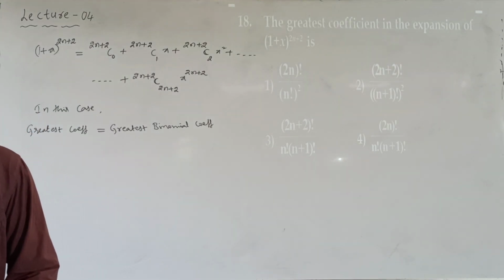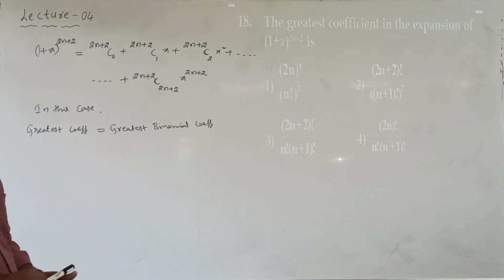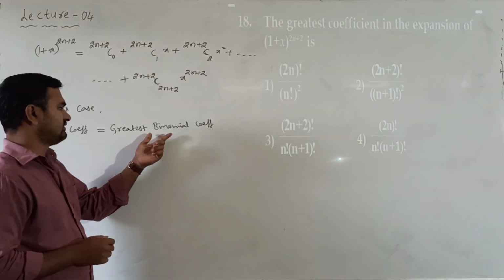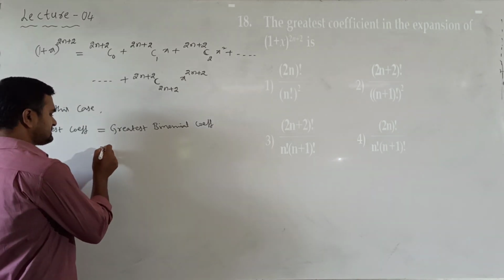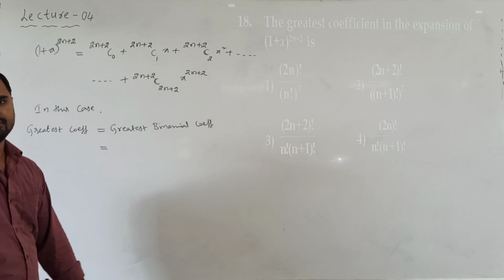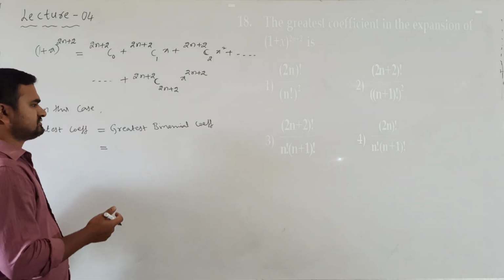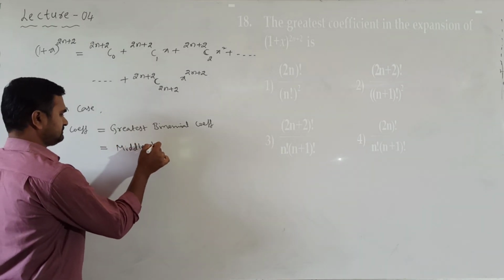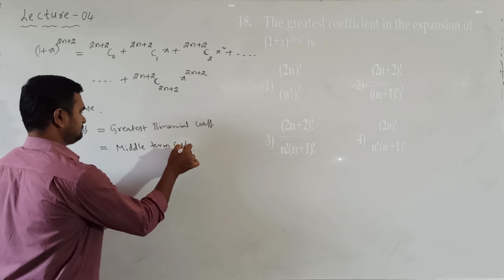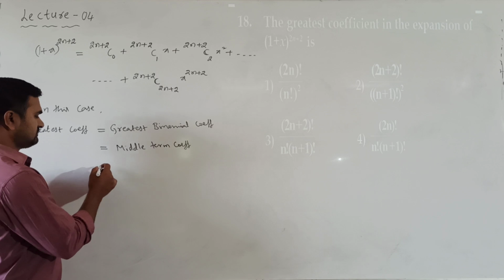In all cases, we cannot write like this, as I told. So only in this case, the greatest coefficient will be the same as the greatest binomial coefficient. Now, what is the greatest binomial coefficient we know? In the synopsis, we discussed the greatest binomial coefficient is the middle term coefficient. The middle term coefficient is the greatest binomial coefficient.